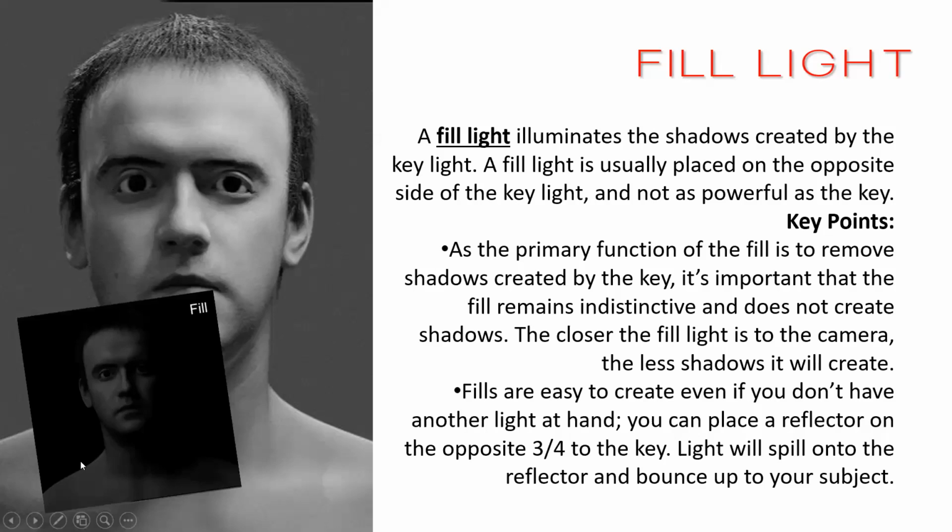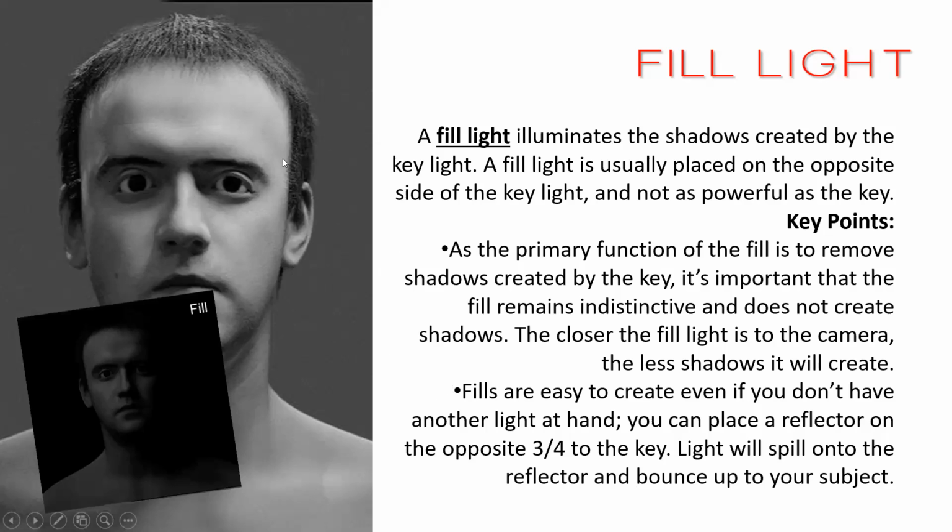See how we got rid of the shadow by using another light at the opposite side of the key light. Not as powerful as the key light, it's not supposed to be as strong, but it gets rid of a little bit of shadow. Sometimes we want to leave a little bit of shadow because it creates dimensionality. It will keep the face from looking flat, like two-dimensional. So that's why this light is not as strong as the one at this side.